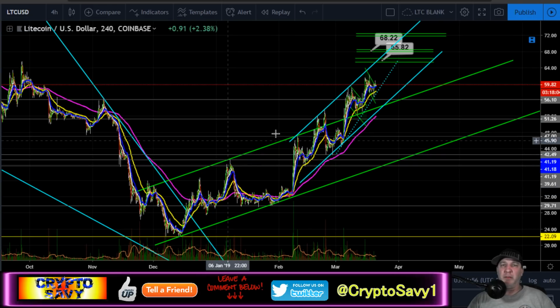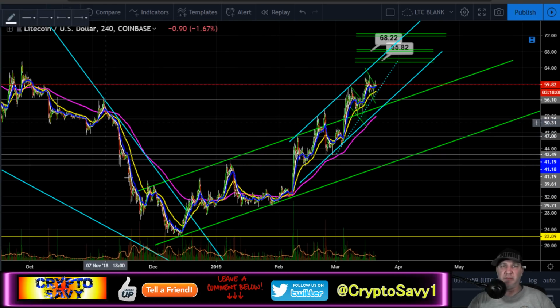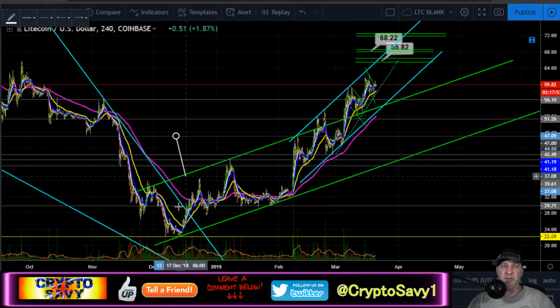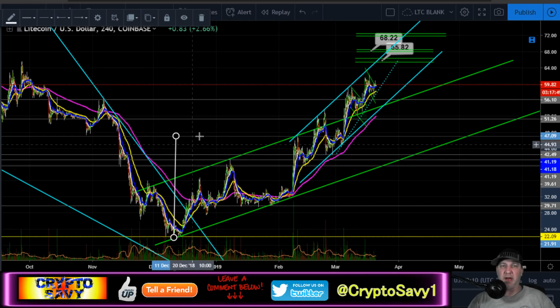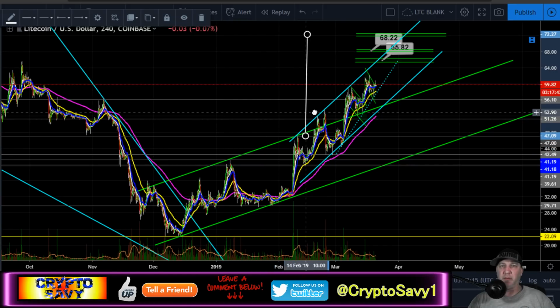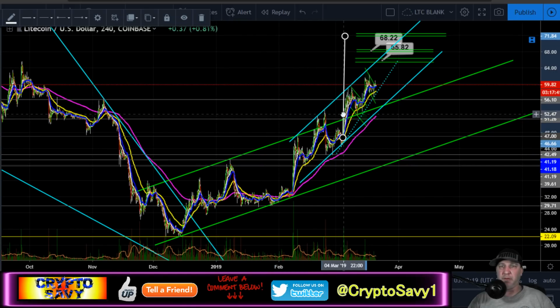Looking at the next target I have up there, if we do a measured move and look at this as a cup and a handle and the breakout, this would be from the neckline down to the bottom. The neckline on this would be about the 47.50 range. Then we would bring this up to where we broke out, the 49.50 range.